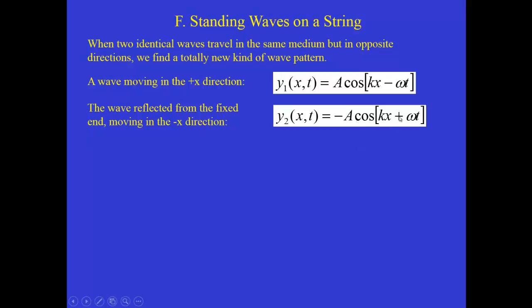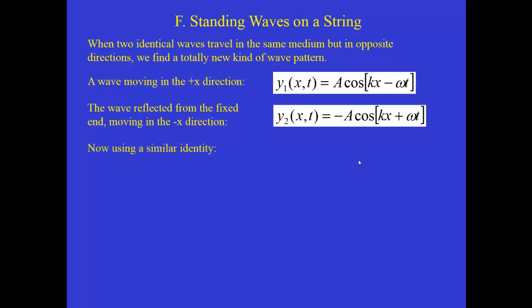And also, because it's moving now in the negative x direction, there's a plus sign in the argument. So this is exactly what happens on a stretched string when we pluck it. We send a wave down in one direction, and then part of the wave is reflected backwards, and if we continue to cause the wave motion to happen, these two waves interfere with each other.